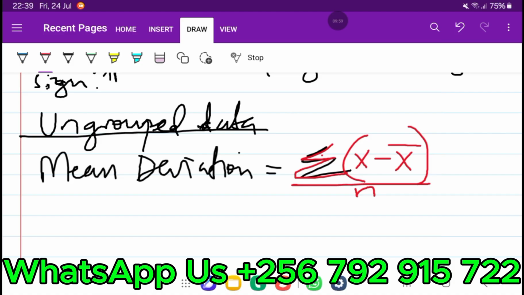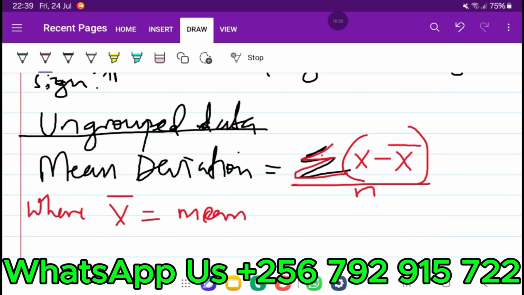Others may use letter m to represent the mean, where x bar is the mean or the average, and n is the number of observations.